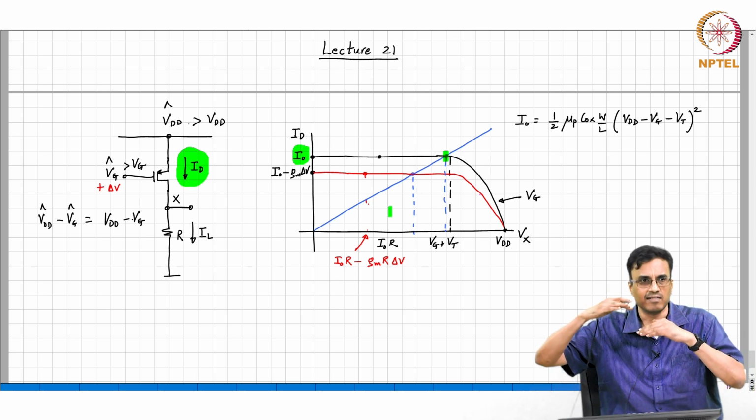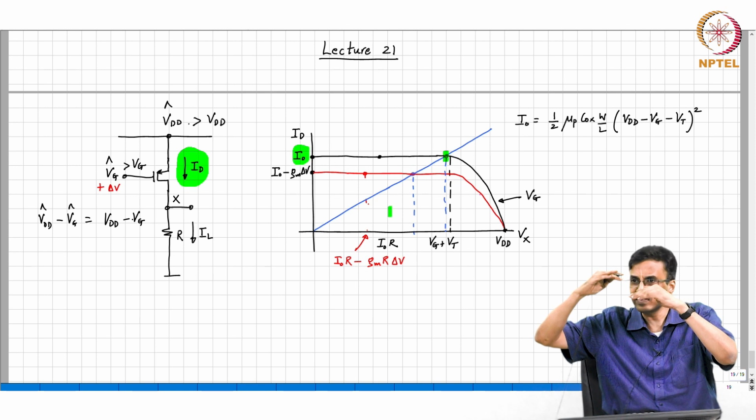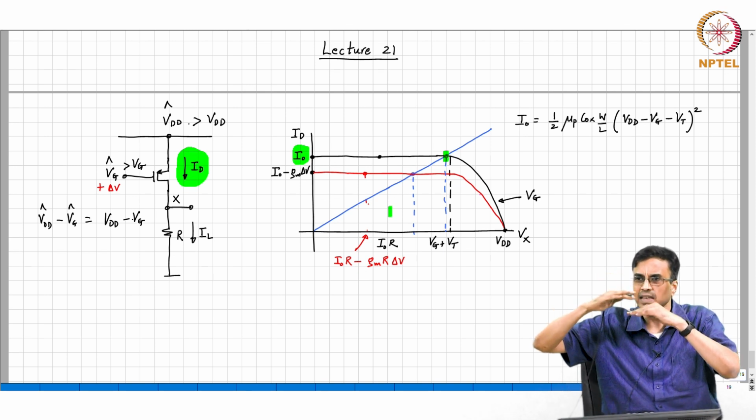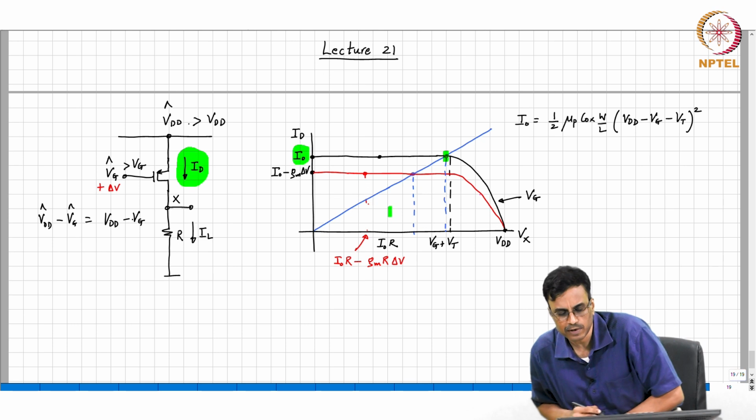In other words, we increase VDD and increase VG by the same amount. So, what happens now? What happens to this picture?